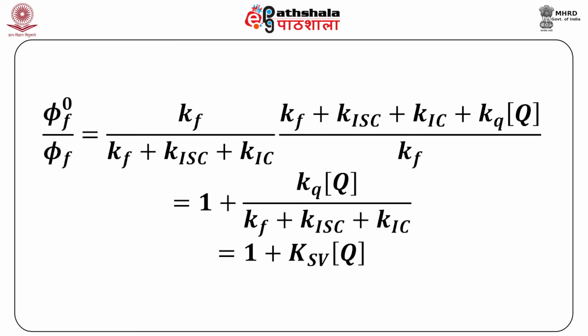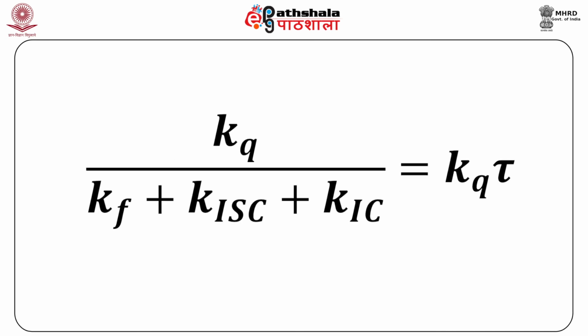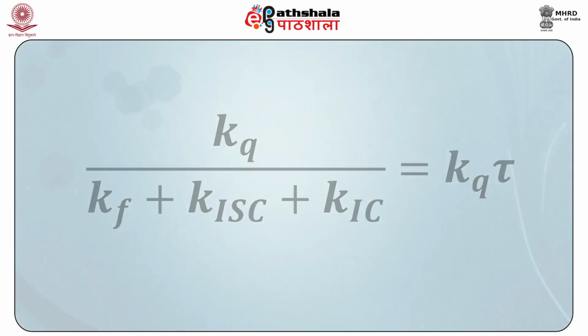This is called the Stern-Volmer equation, and Ksv is the Stern-Volmer constant, and from this equation you can see that it is equal to Kq by Kf plus KISC plus KIC, and this is equal to Kq into tau.